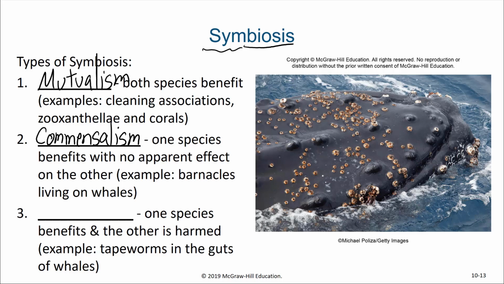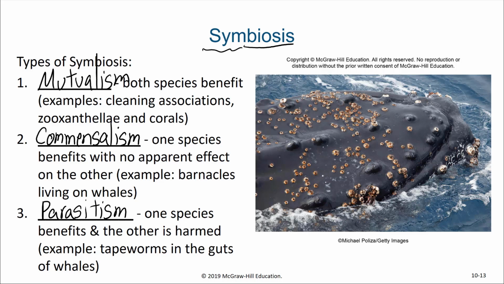The last category of symbiosis that we'll talk about is parasitism. Parasitism is a form of symbiosis in which one species receives benefit, and this does happen at the expense of the host. So examples, tapeworms within the guts of whales. The tapeworms are receiving all the benefit of nutrients within the whale's digestive system, and this is only negatively impacting the whales.